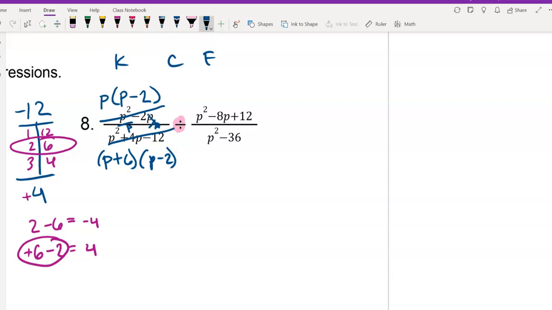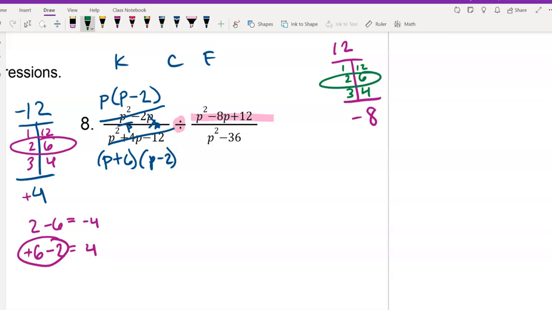Let's factor this last fraction, starting with the numerator. Again, we have another quadratic. Let's make a t-chart. At the top, 12. At the bottom, negative 8. Factors of 12, 1 and 12, 2 and 6, 3 and 4. Which of these could add up to 8? 2 and 6.